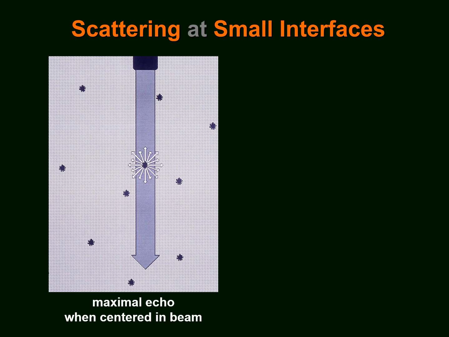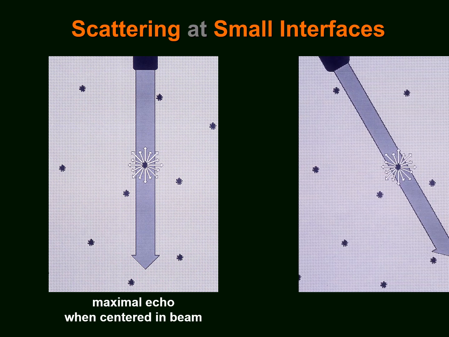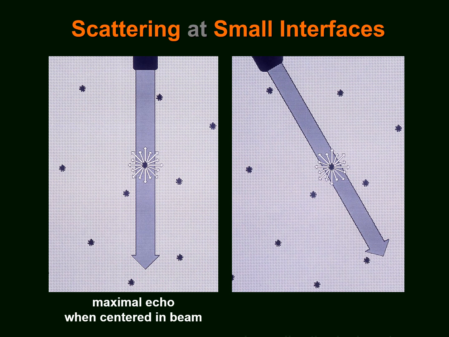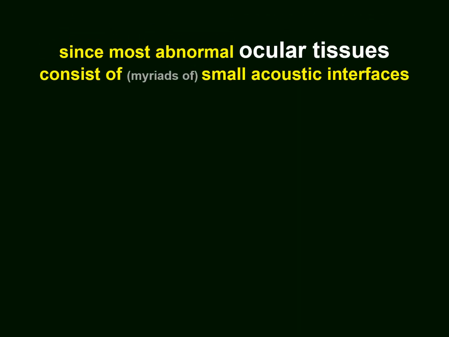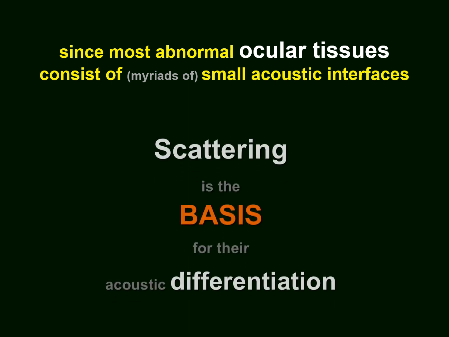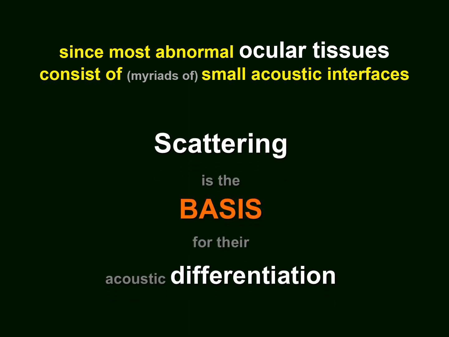Maximal echo is obtained when the interface is centered in the beam. There is no need to be perpendicular to anything. The beam direction is irrelevant. Since most abnormal ocular tissues consist of myriads of small acoustic interfaces, scattering is the basis for their acoustic differentiation.